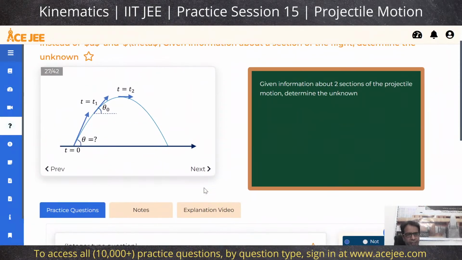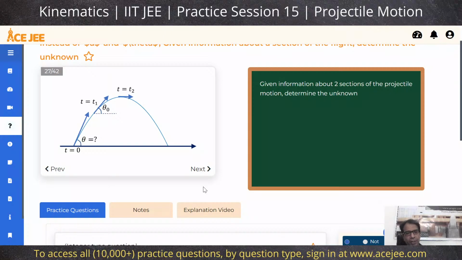Okay, so now let's look at these interesting scenarios. Here, instead of giving you initial velocity u and the projection angle theta, they'll give you some information about the projectile at two different instants in its flight.